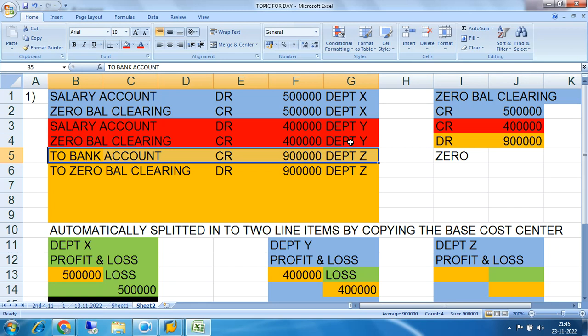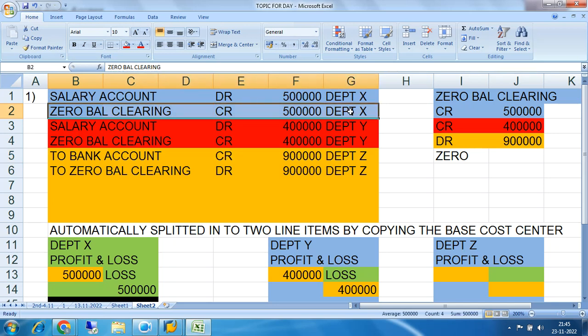But the document is created, creating some more line items in the background. Instantly the user saves the document, then passes another document. But this document is saved with the creation of more line items using the zero balance clearing account.